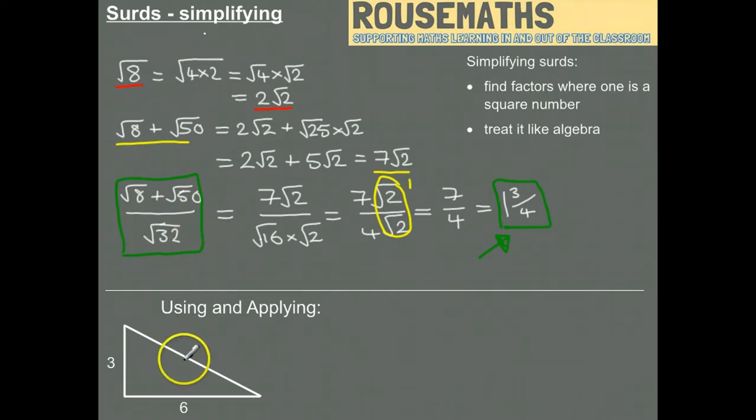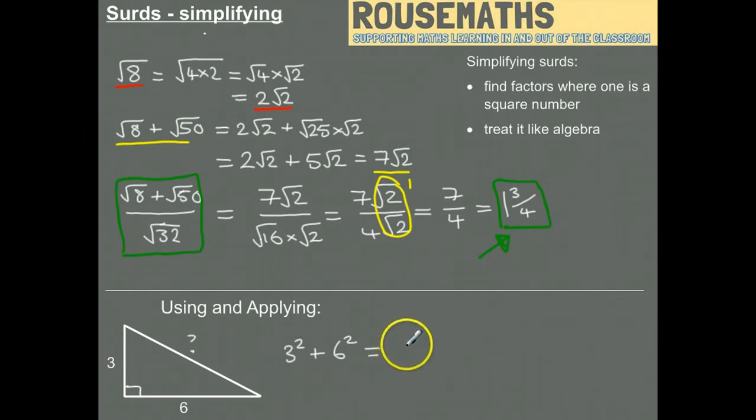I've got a little problem at the bottom here to try and apply it to. So we've got a little right angle triangle with sides of 3 and 6, and we're trying to find the longest side there. So if we apply Pythagoras, you know that if we take the two shorter sides and square them, add them together, that should give us the longer side squared.